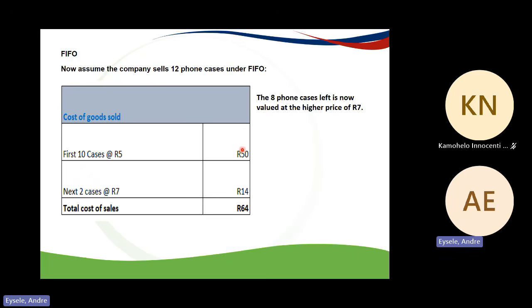It is the amount that you bought. I hope that makes sense. The cost of sales of the items bought, the very first 10, is valued at 5 Rand, and the next 2 are valued at 7 Rand because it's first in, first out. And the 8 phone cases that are left are valued at 7 Rand.